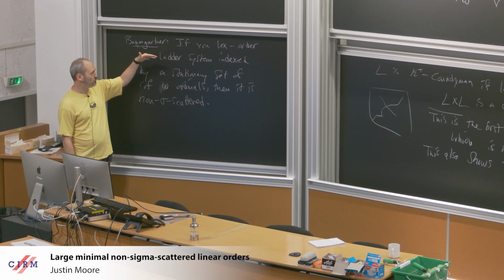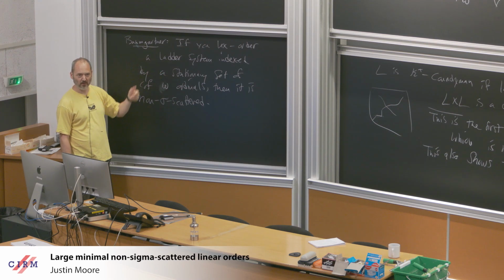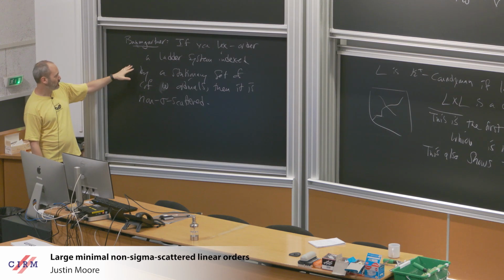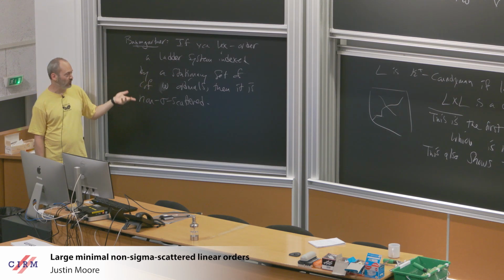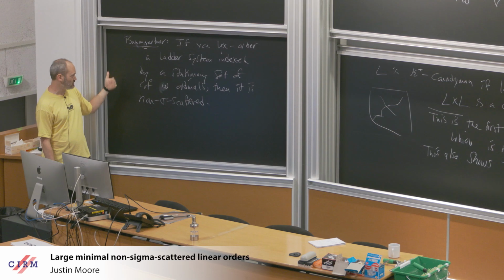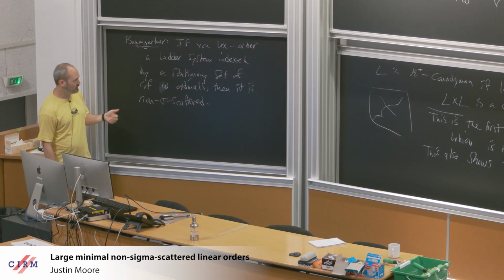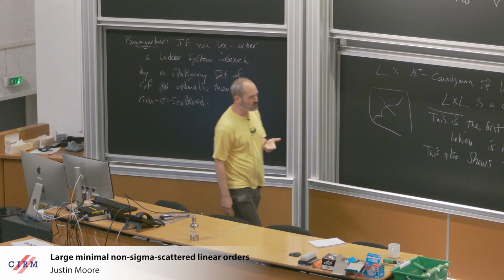And so it remembers at least the stationary set up to non-stationary equivalence. So if you take your stationary set and split it into two stationary pieces, then the suborder gives a new non-sigma scattered suborder into which the original one doesn't embed.